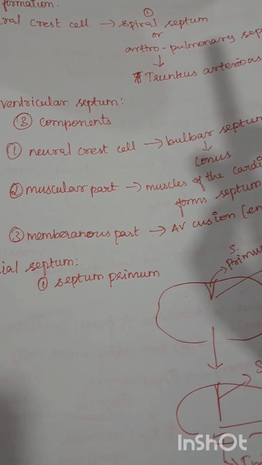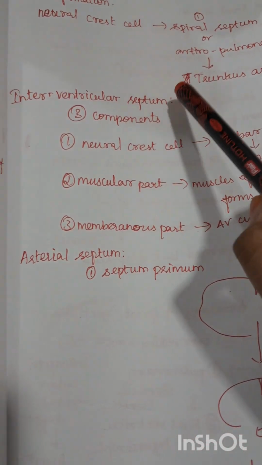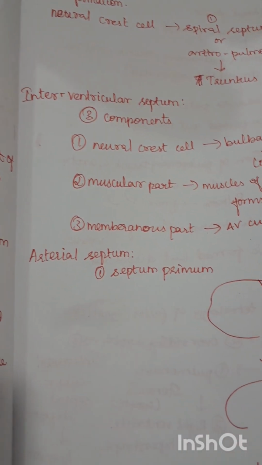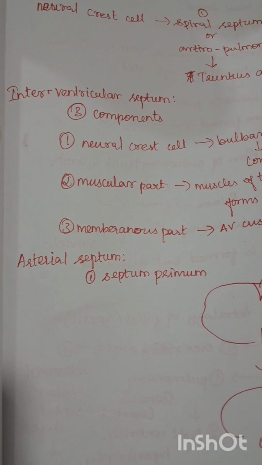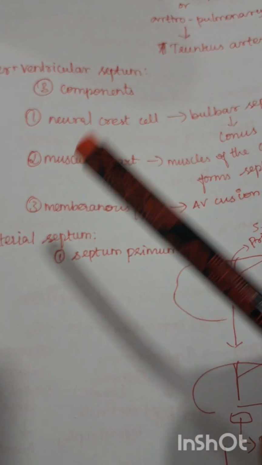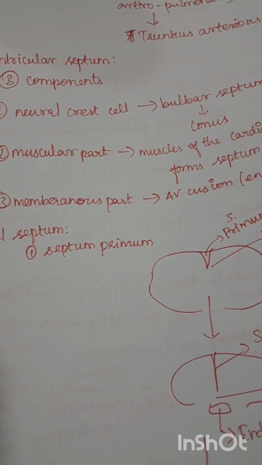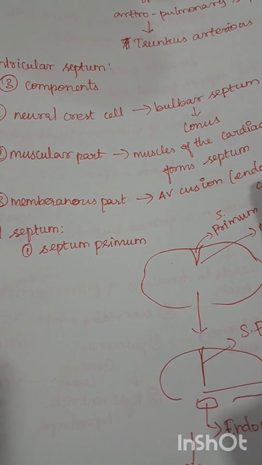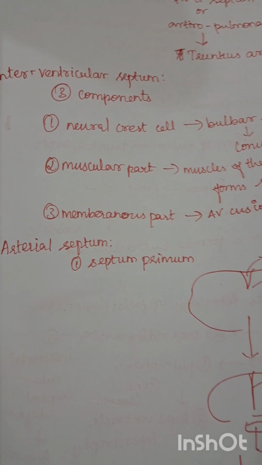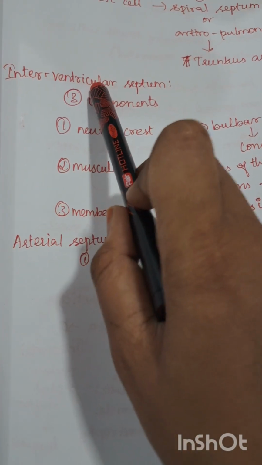The two are separated by the spiral septum. The interventricular septum is formed by three components. Neural crest cells form the bulbar septum in the conus part of the bulbus cordis. The muscular part is the muscle of the heart itself, and the membranous part comes from the endocardial cushion, also known as the AV cushion, which forms the membranous part of the interventricular septum.